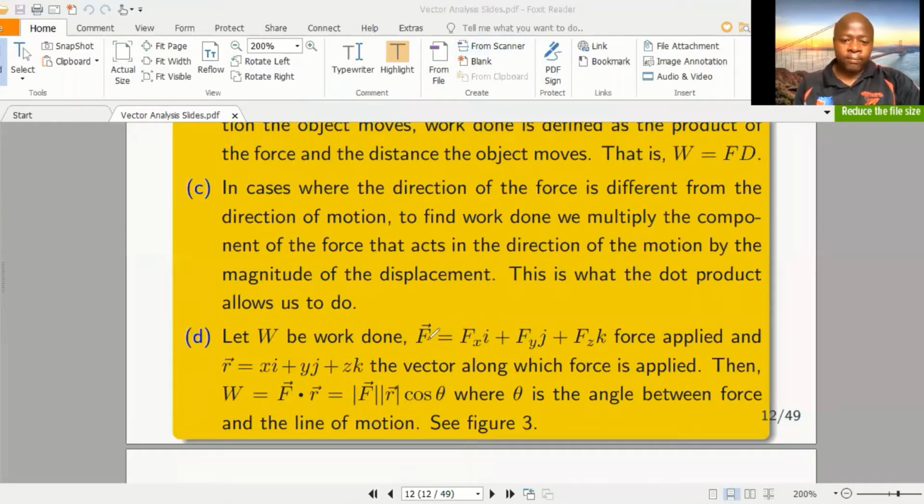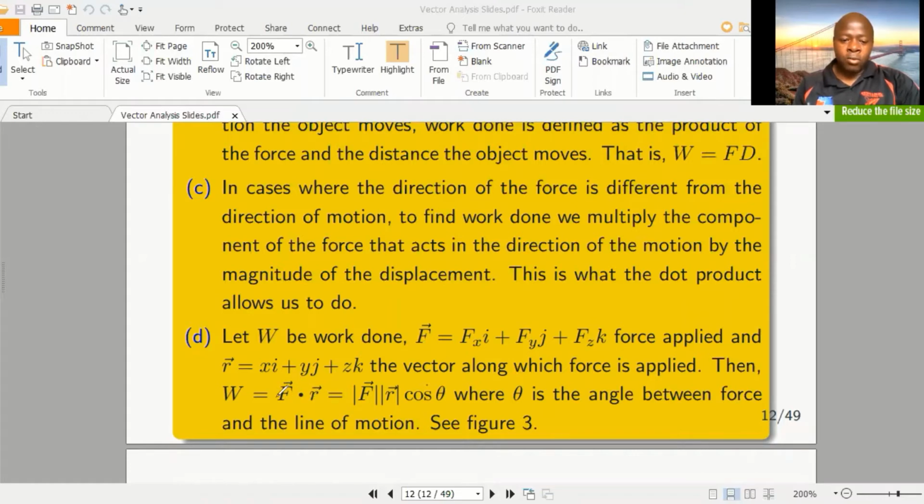Supposing this is our force, which we can write in terms of the x component, y component, and z component, and r is the vector along which force is applied, then work will be defined as the dot product of force and r.